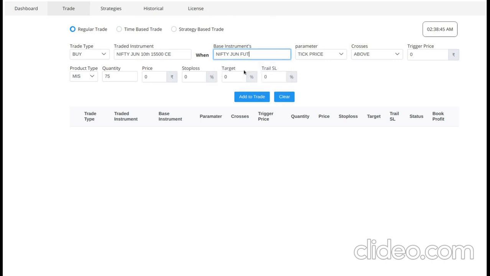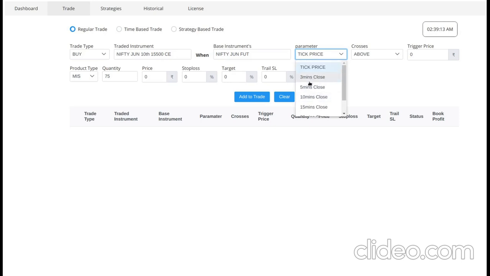Once you have selected both the traded instrument and the base instrument, you can check what parameter the decision has to be made on, like tick price, which is the individual tick or the traded prices, or you can say that you will not take decisions based on the tick. You will just wait for the candle close on different time frames.